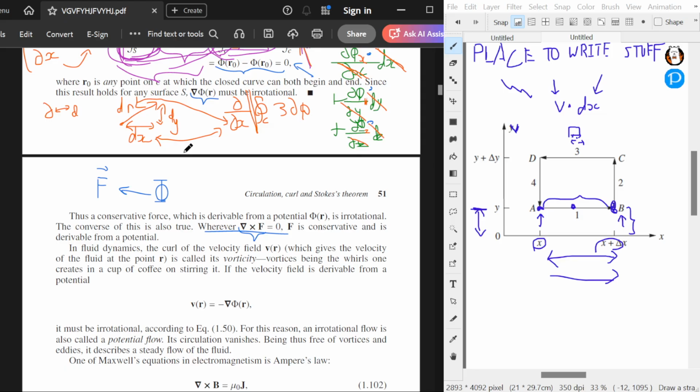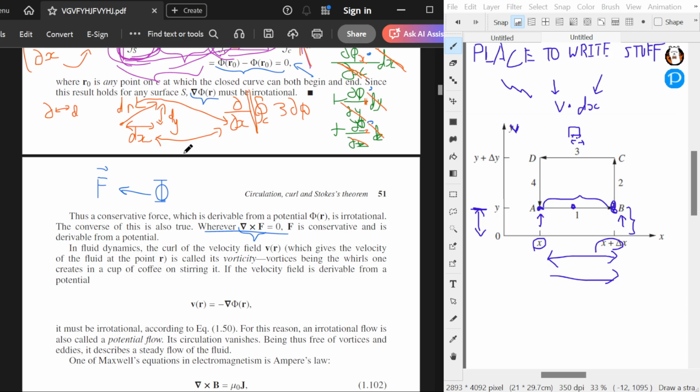It'll be irrotational. The converse of this is also true, where the curl of the conservative force equals 0. F is conservative and is derivable from a potential.